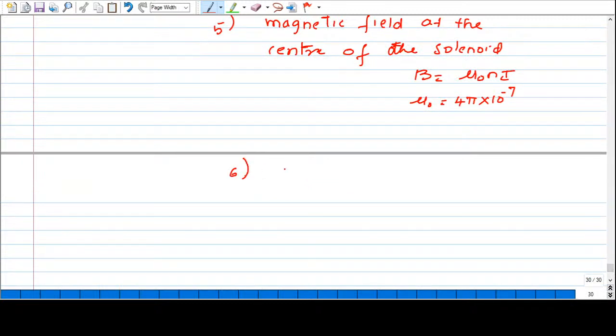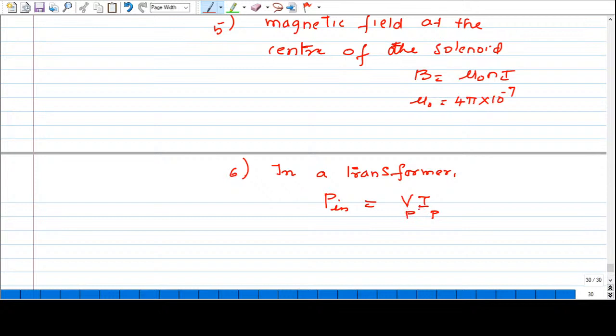The next formula number 6. Input power in a transformer. You know very well a sum from the transformer will definitely come for the coming NEET 2021. So in a transformer, the formula for input power P in is equal to VI, which is the general formula. I can write it as Vp Ip. Vp is called voltage in the primary coil.